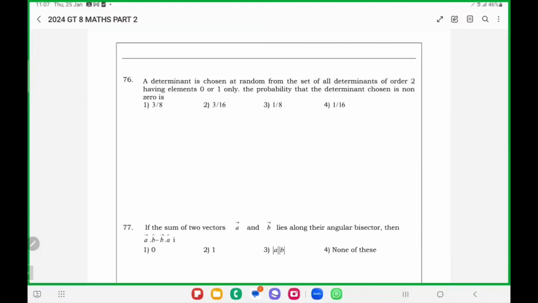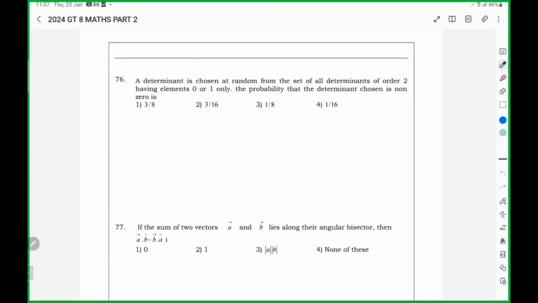Here, a determinant is chosen at random from the set of all determinants of order 2. Order 2 means a 2 by 2 matrix whose entries are 0 to 1. So entries are, means this place I can fill with 0, 1.